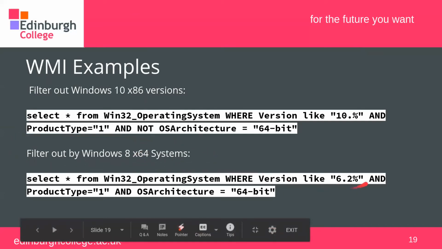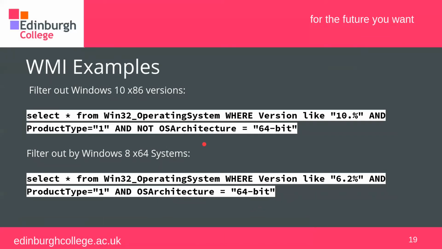The Windows NT version for Windows 8 is actually 6.2, so where version like 6.2 will pick up Windows 8 systems, and OS like 64-bit. A couple of WMI examples. So that is an overview of group policy.